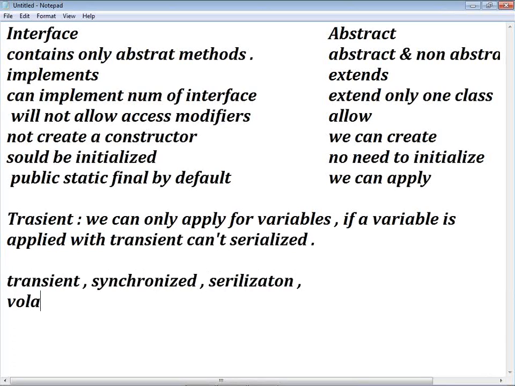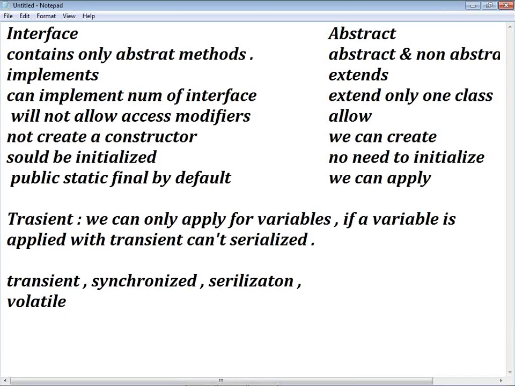We have a concept called volatile. This volatile concept is also applicable for variables. If you are frequently modifying a particular variable, we declare that variable with the volatile modifier.